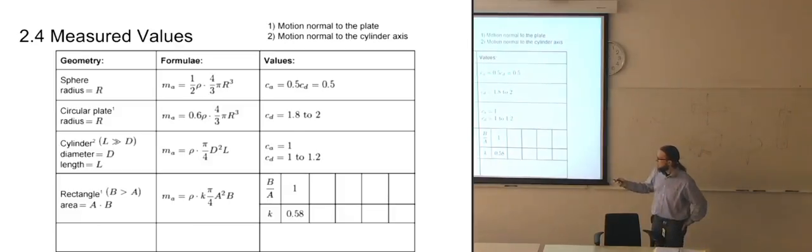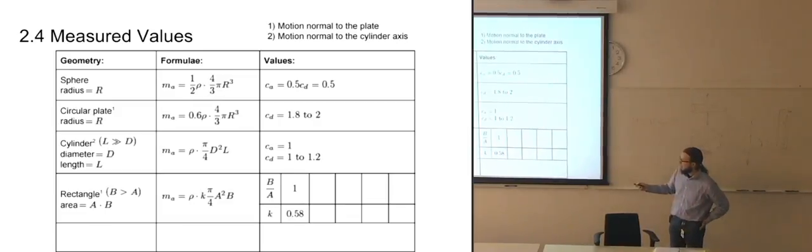But basically what we get here is a calculation for the volume of the added mass, and dependent on the ratio between the width and the length of the rectangle, you will get a value for K here, which is a dimensionless value, and you're putting that value into this calculation.